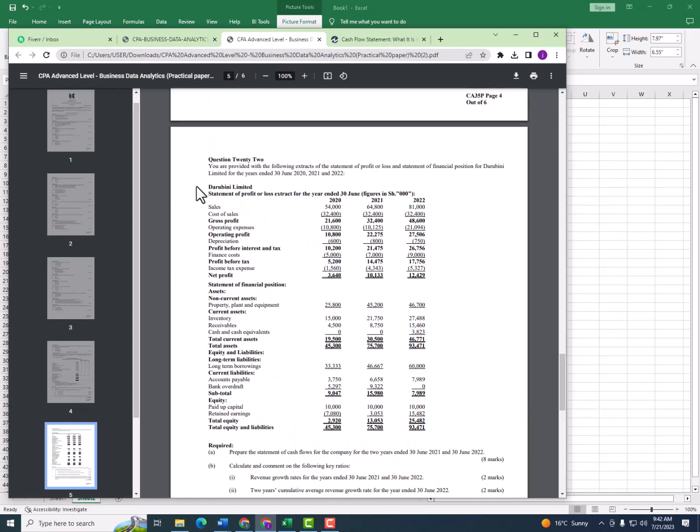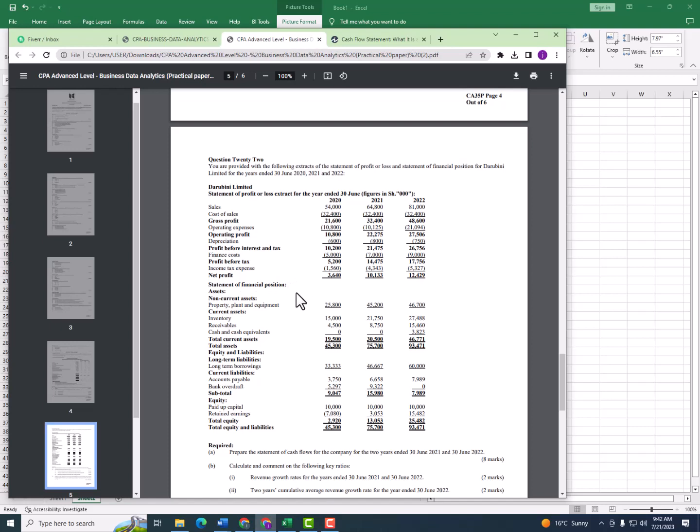So the question reads, you are provided with the following extracts of the statement of profit or loss and statement of financial position for Darubini Limited for the years ended 30th June 2021 and 2022. Darubini Limited statement of profit or loss, we have all that: sales, gross profit, operating, net profit.